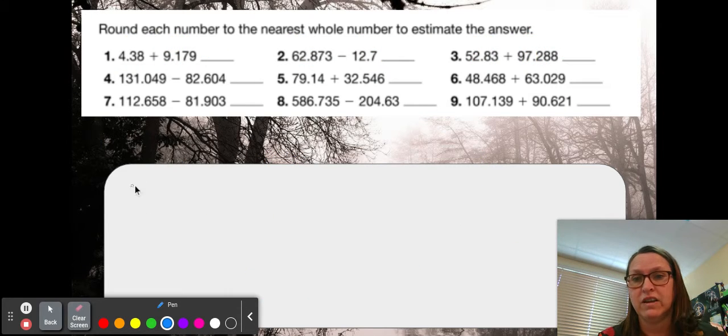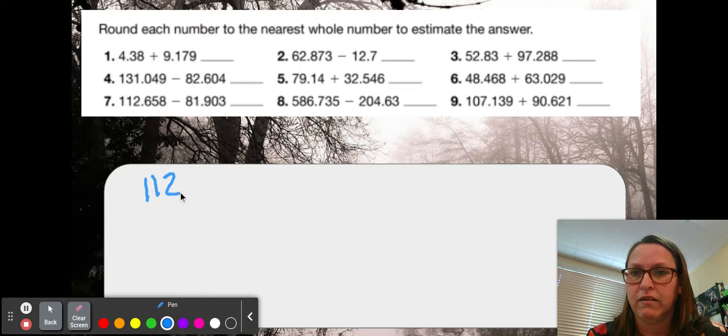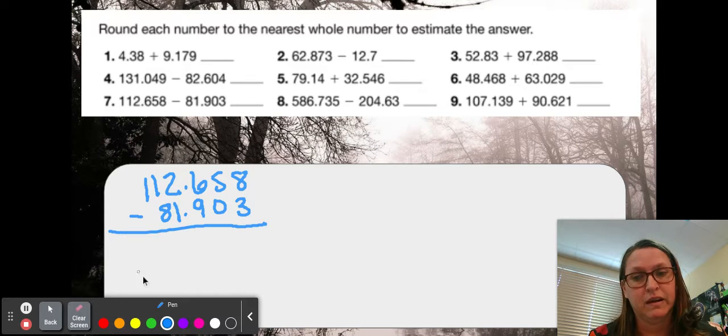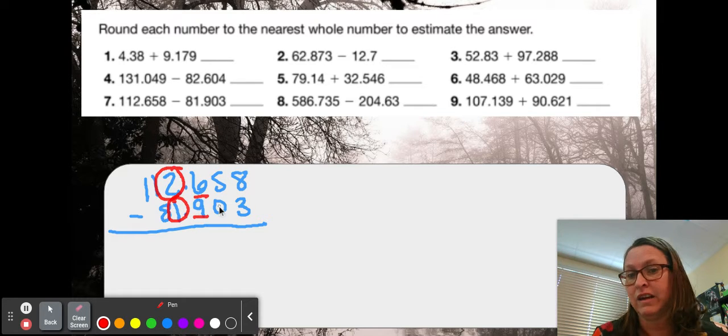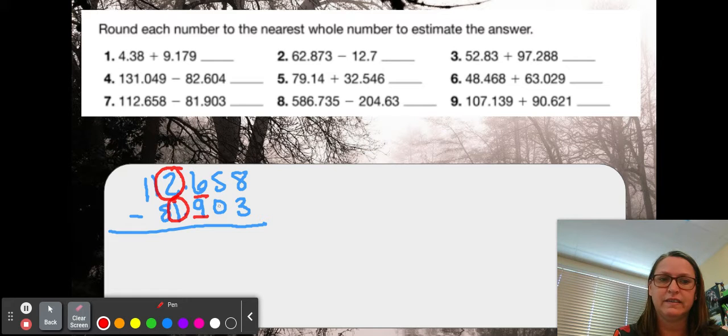For number 7, I have 112.658 minus 81.903. Because I'm rounding to the nearest whole number, I'm going to circle the whole number, 2 and 1, and I'm going to underline the numbers next to them. 6 is more than 5, so I'm going to raise my score.